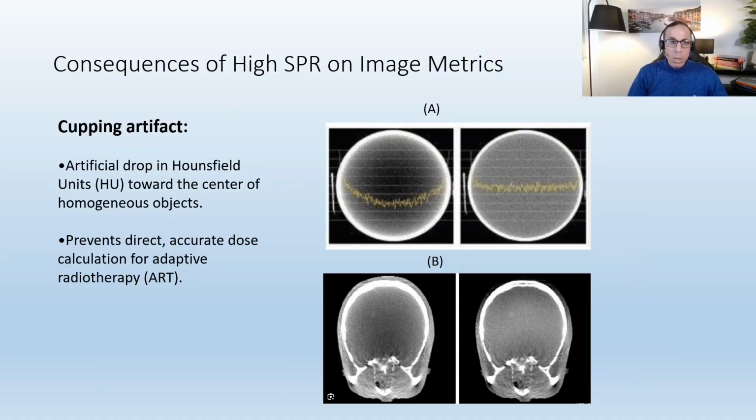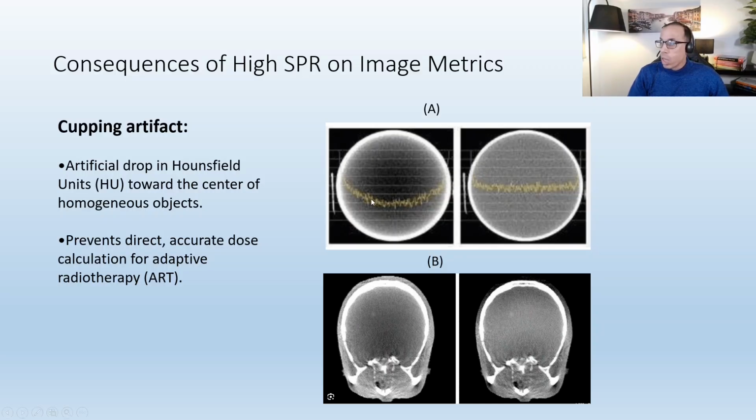Now we are going to talk about the cupping artifact. It is another problem of CBCT. As you can see in figure A, the upper image, the appearance of the cupping artifact can be seen on these images, and you can see the profiles.